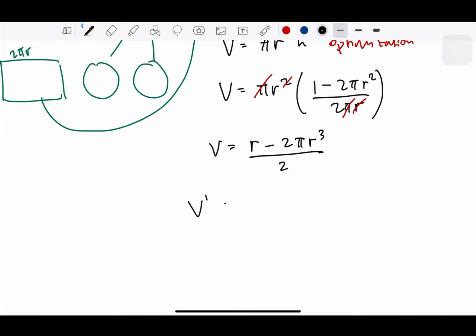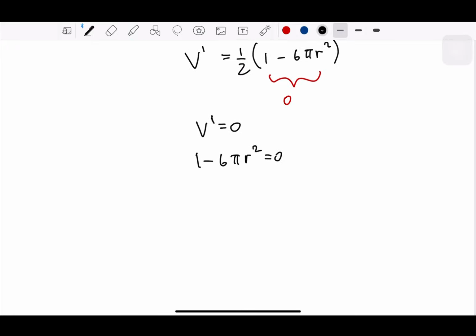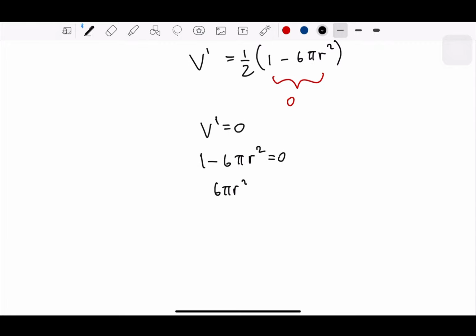Okay, so we take the first derivative, which is 1 minus 6 pi r squared. Take this equal to 0 for finding the critical point, and we get r squared is 1 over 6 pi, and r is 1 over the square root of 6 pi.